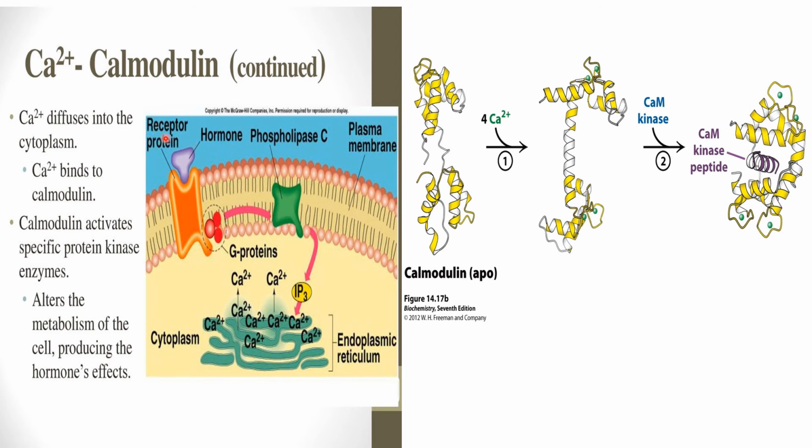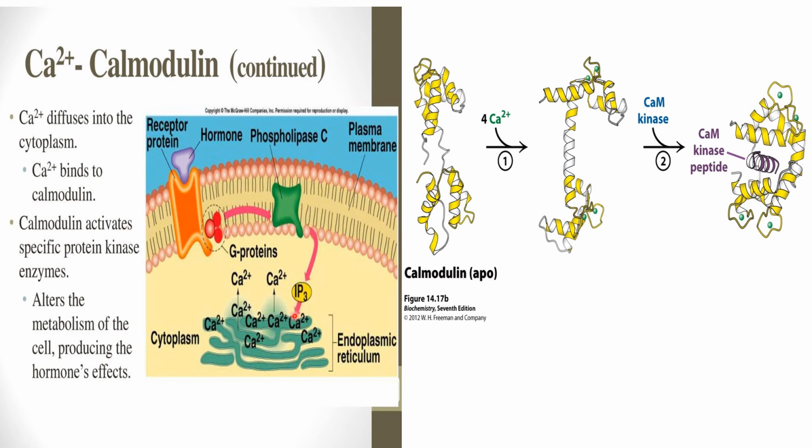For example, a hormone binds to the G coupled receptor here, and after receptor binding, G protein is activated, which activates phospholipase C. Phospholipase C is an enzyme that hydrolyzes PIP2 into IP3 and DAG. Here our concern is IP3, so only IP3 is shown here.